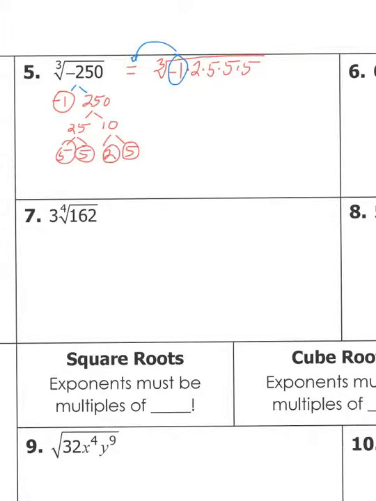And it doesn't actually look like it's a group of 3, but it is. So anytime you have a negative underneath an odd root, just take it out in front. Then I can take a group of 3 5's out in front and multiply that to the negative 1, and then the 2 gets left underneath. So the 5 and the negative 1 out in front multiply to give you 5. Cube root, the 2 is left underneath.